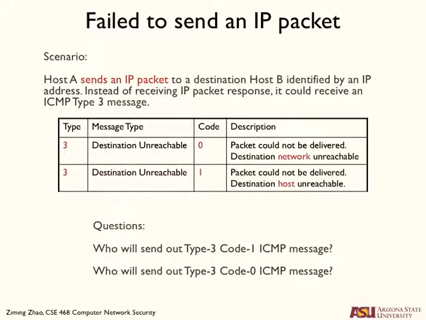First router, okay, that's possible. Any other routers? Last router? Maybe not the last router, because the last router will send the first one, the type 3 code 1. So it could be any router in the path.